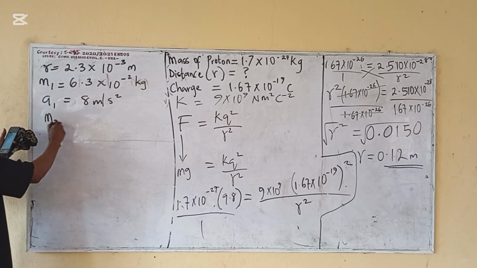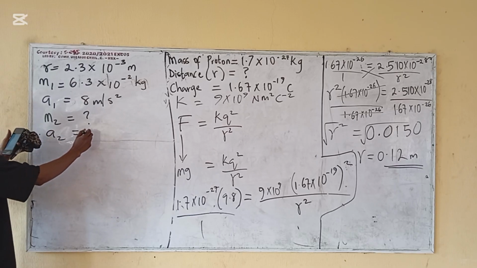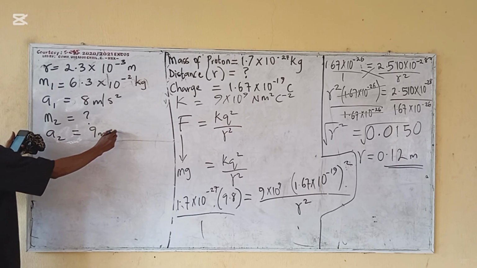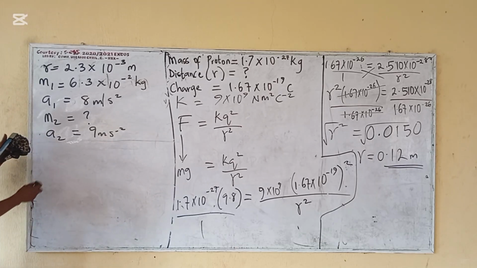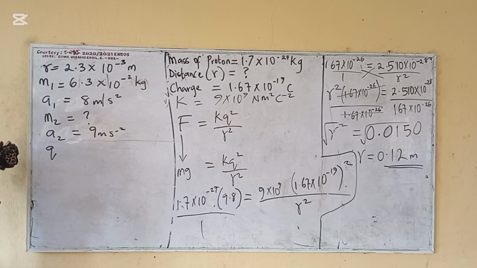Then M2, they did not give us, but they told us that the acceleration is 9 meters per second squared. Calculate the charge and mass of the second carrier.